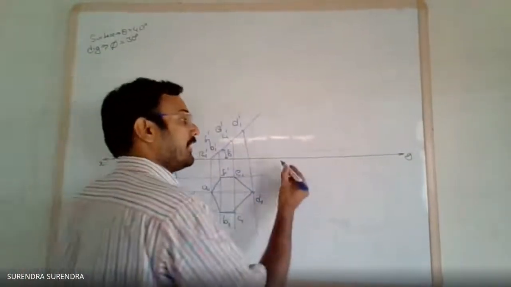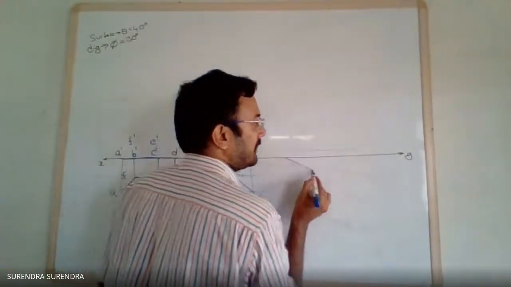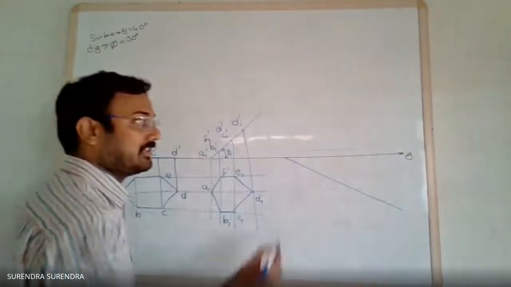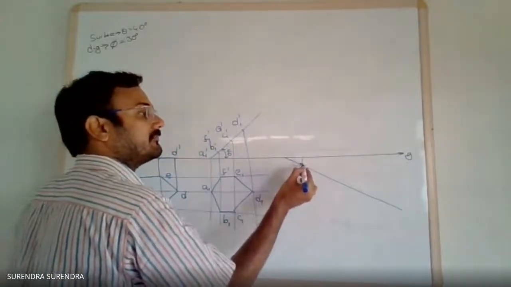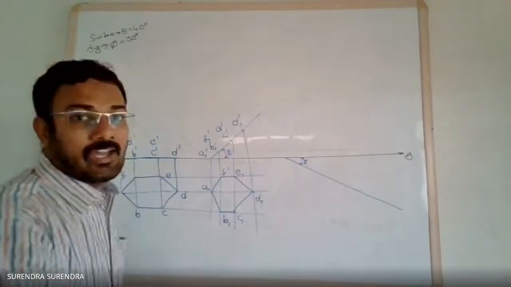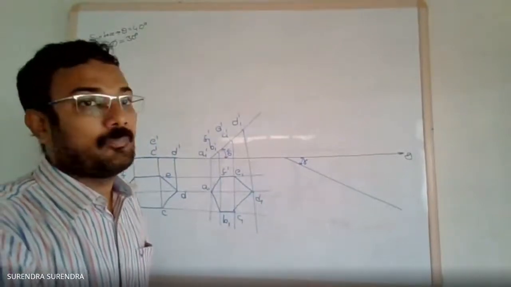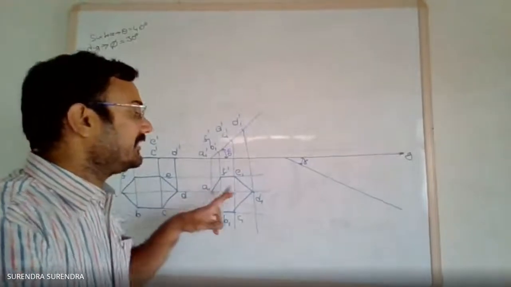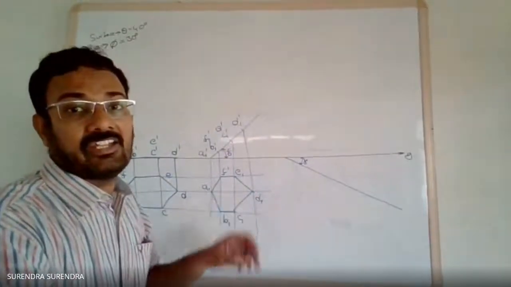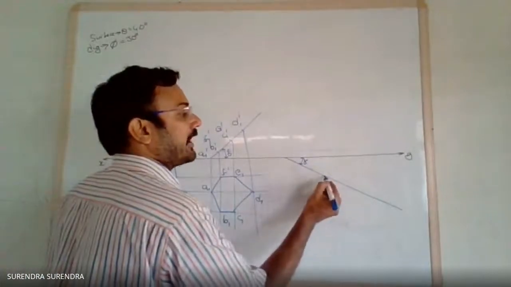So draw a line inclined at 30 degrees to the XY line, as the diagonal is inclined at 30 degrees. Now, what are the diagonal endpoints? A and D are the diagonal endpoints. So somewhere on this line, mark point A.